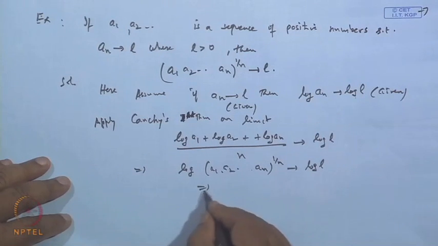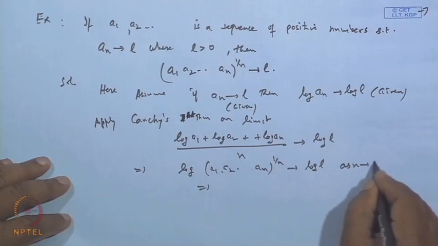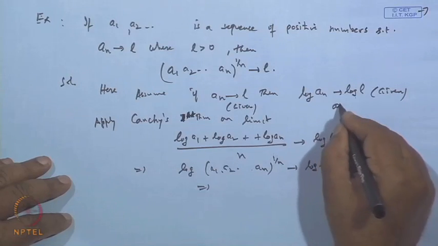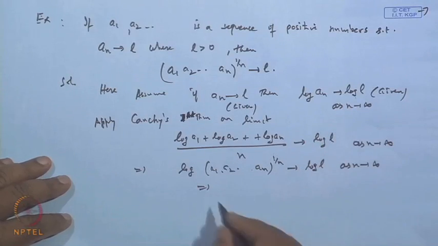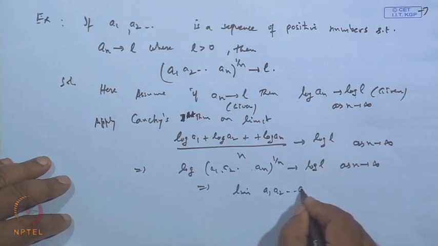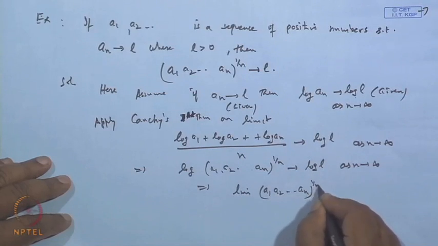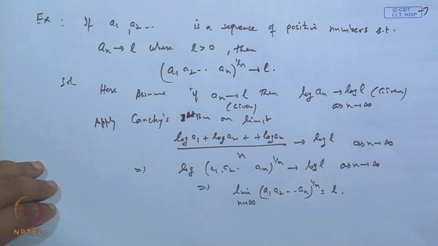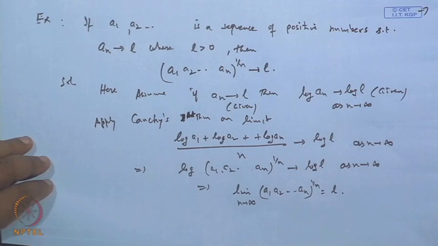So, this shows that as n tends to infinity, the limit of a1 a2 an raised to the power 1 by n will be L, and that proves the result.